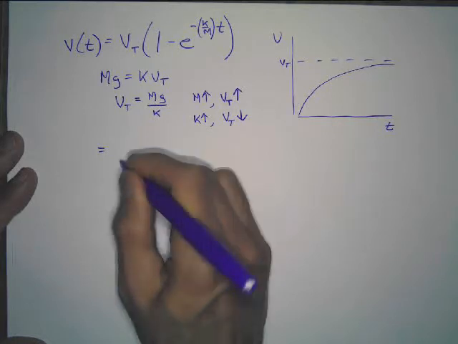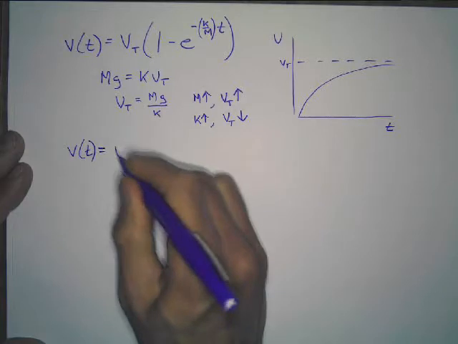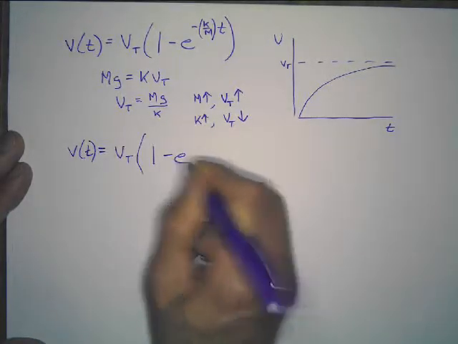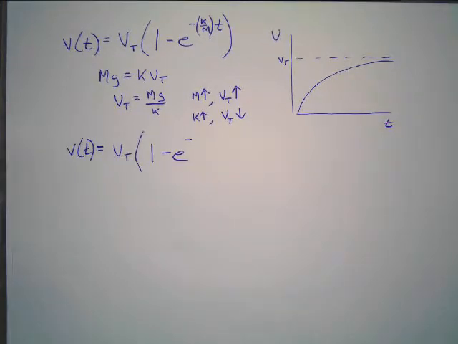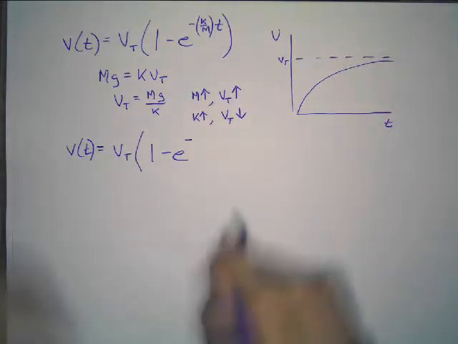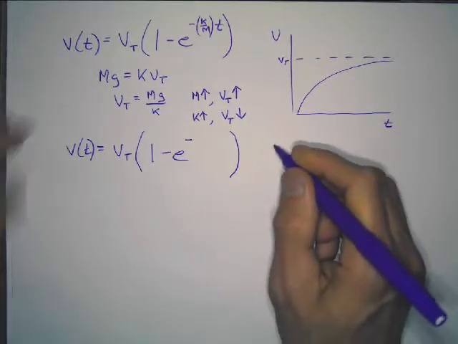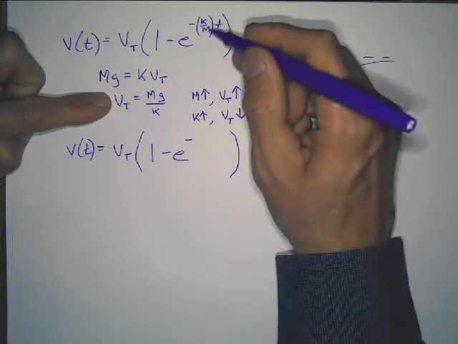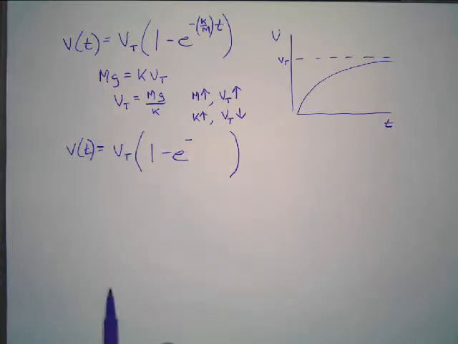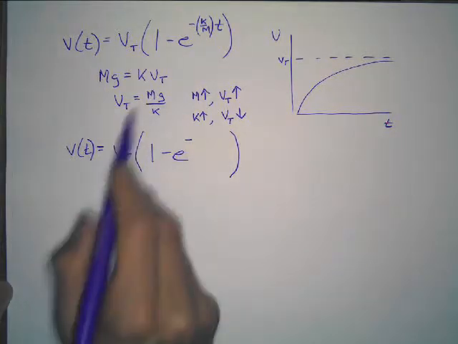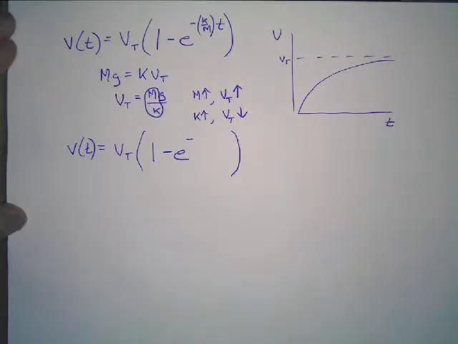So coming back to this formula that we have up here, you can actually rewrite this a little bit by doing that substitution. You can say that the velocity as a function of time is equal to the terminal velocity times 1 minus e to the negative. And what I'm going to then do is a substitution here for k over m. If you look at this, we have m over k right there.